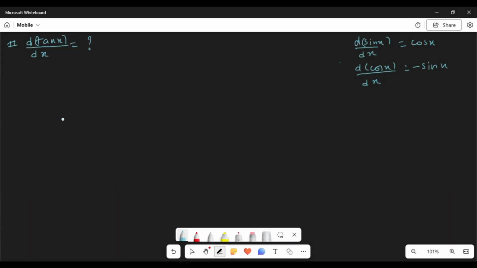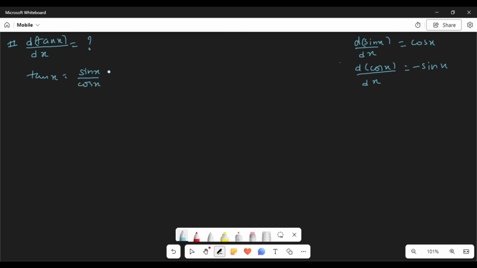Now we are going to calculate the derivative of tan x. For this, I won't be using first principle because it will be lengthy. I'll be using the well-known quotient rule. Because we know the derivative of sin x and cos x, we can write tan x as sin x divided by cos x.